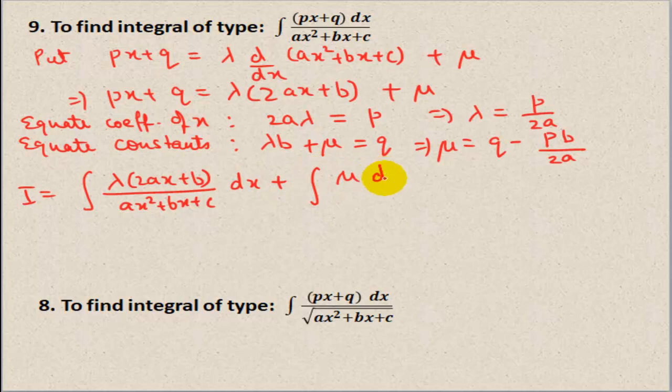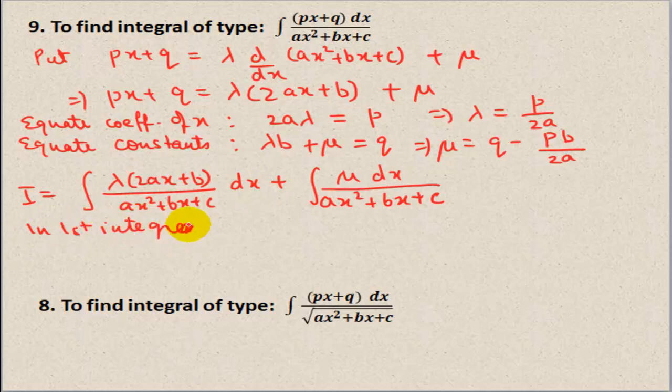Later part will be mu dx over ax square plus bx plus c. Now see how it helps. In the first integral, we will use substitution. And in the second integral, we are going to convert it into two perfect squares.